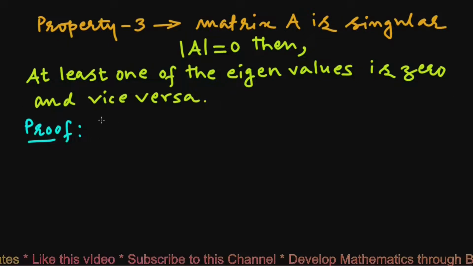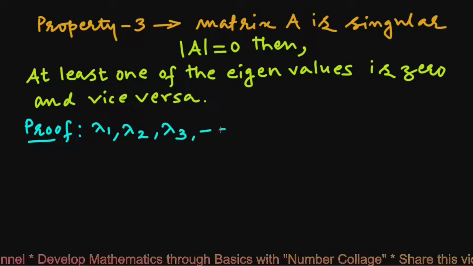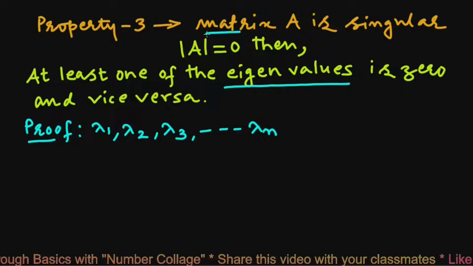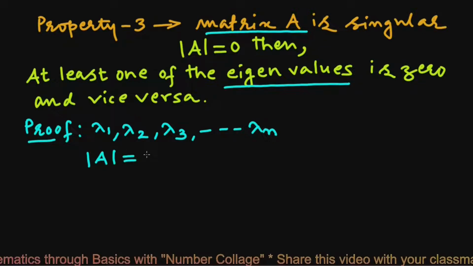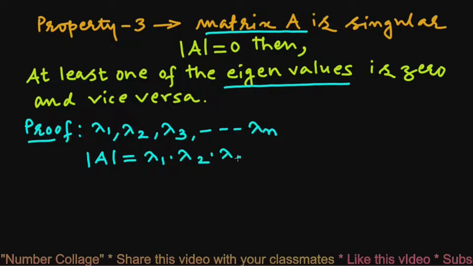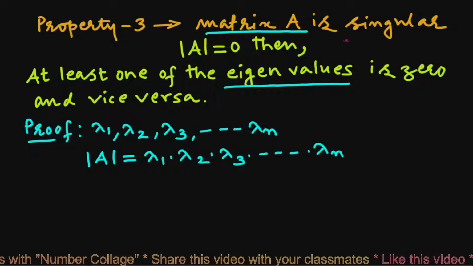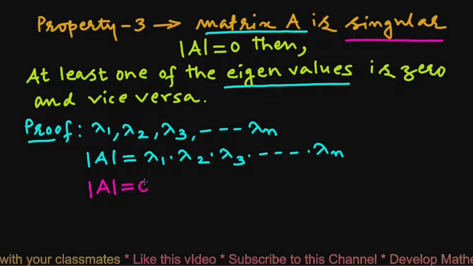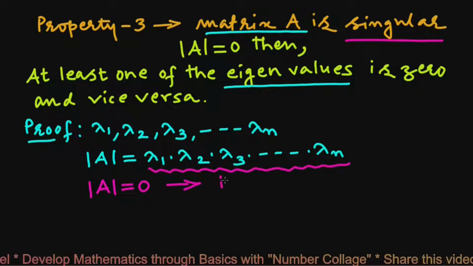We have just proved that if lambda 1, lambda 2, lambda 3, so on and so forth, lambda n are the eigenvalues of this matrix A, then determinant of A equals the product of the eigenvalues lambda 1 into lambda 2 into lambda 3 into so and so forth lambda n. But this matrix A is singular, therefore determinant of A equals 0, which means at least one of these eigenvalues is 0.